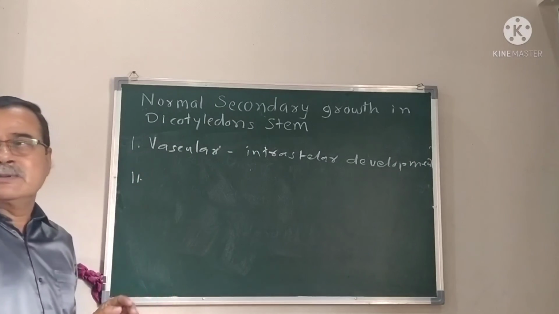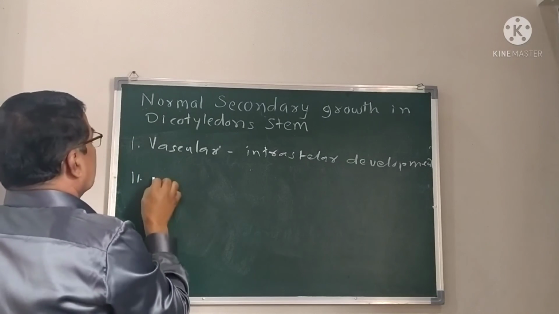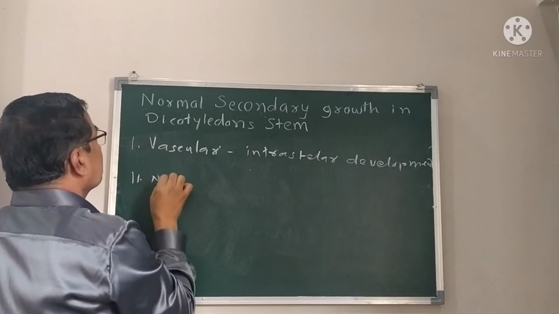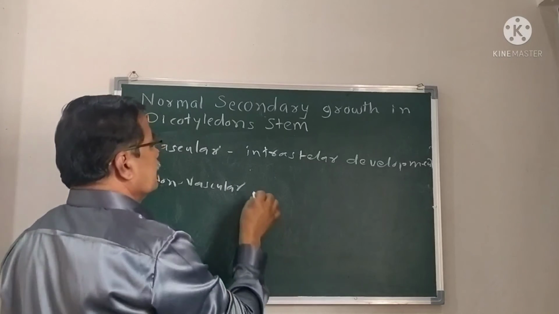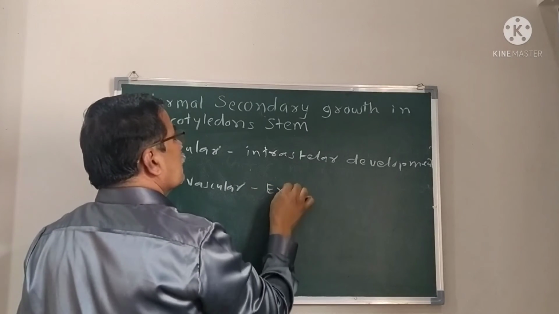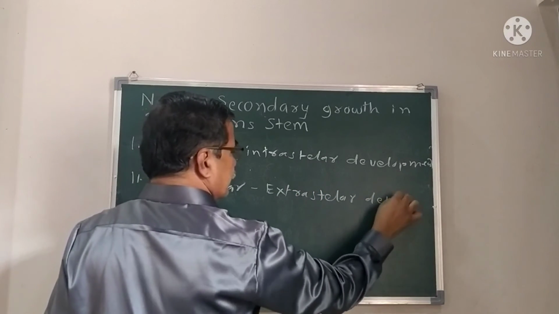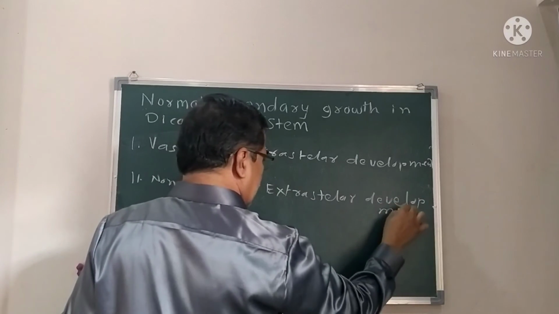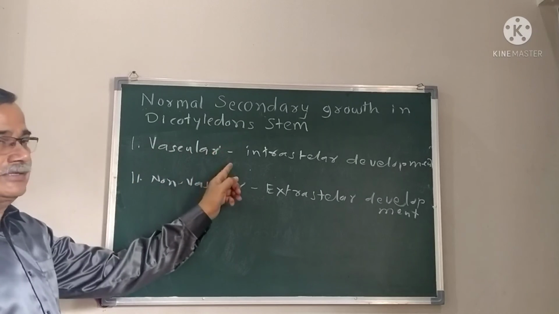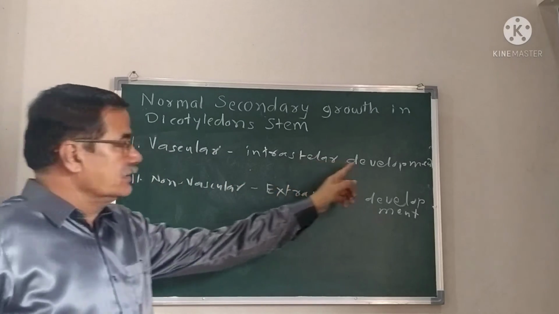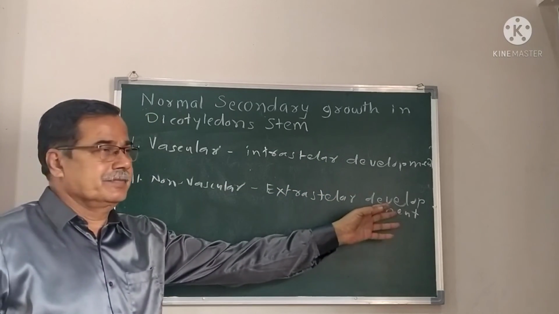Secondly, it takes place by means of non-vascular formations, which is known as extrastellar development. That means secondary growth takes place by means of vascular formation, the intrastellar development, and non-vascular formation, the extrastellar development.